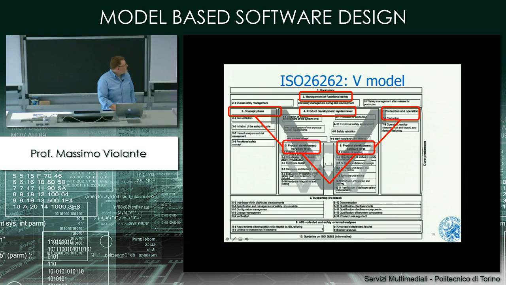As you can see here, we are referring to a V-shaped development model. This is because the automotive industry has long recognized that the V model is the best suited for the type of activity that is required when developing an electronic system for automotive.